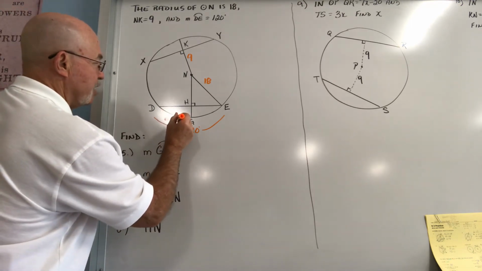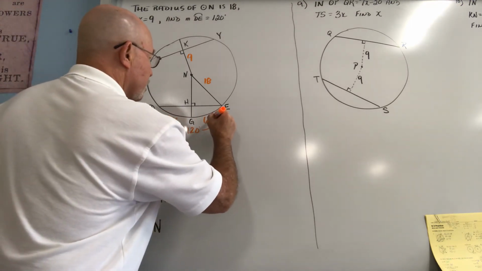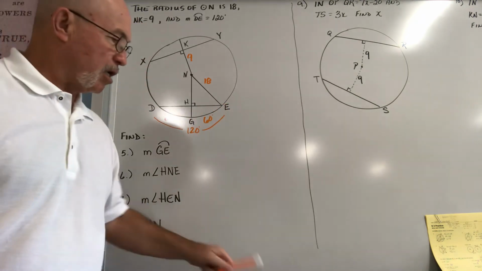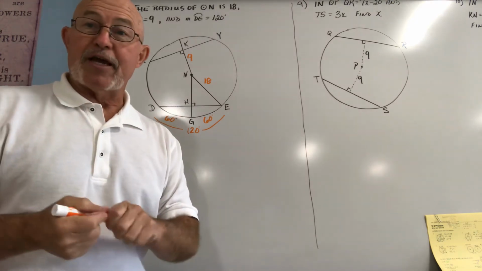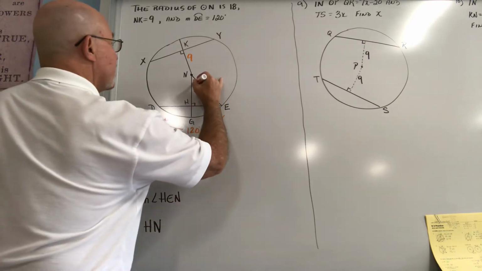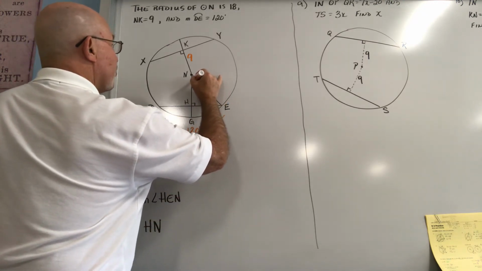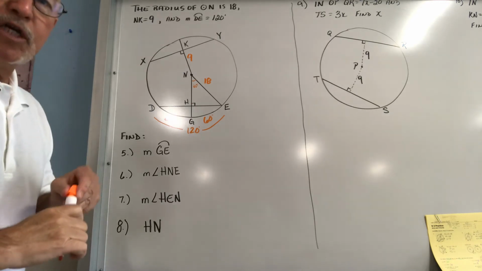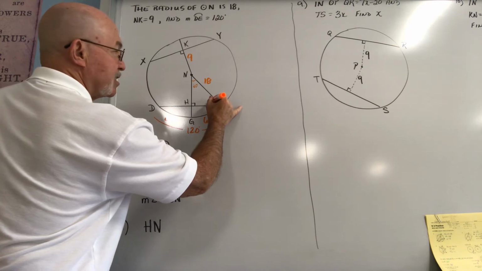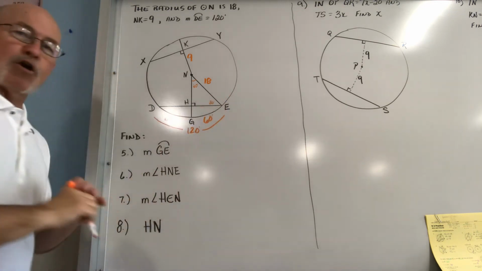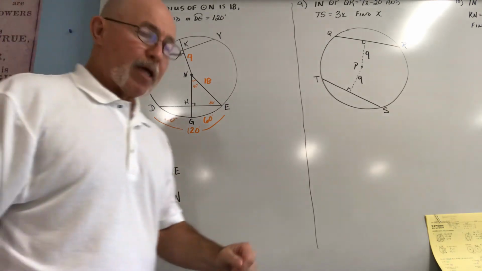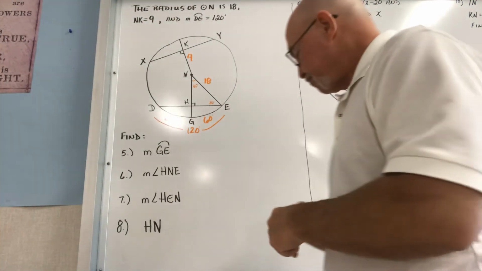So I have 60 degrees here, 60 degrees here. So that's all the information I know, except one thing. Remember central angles? If this is 60, that's 60. And what else can we infer from that? Well, 60 and 90, that means this has to be 30. And there's our old friend, the 30, 60, 90. Friend, nemesis, that's up to you. So that's what we've got.